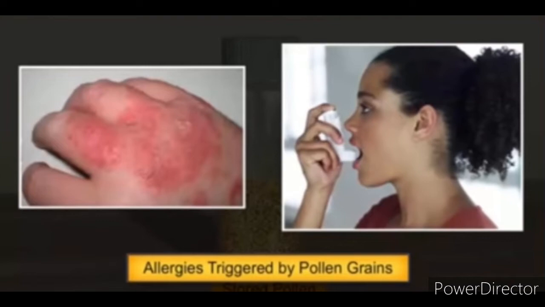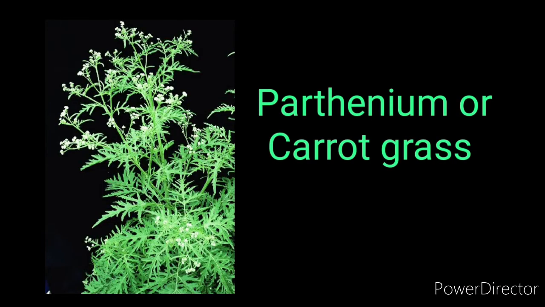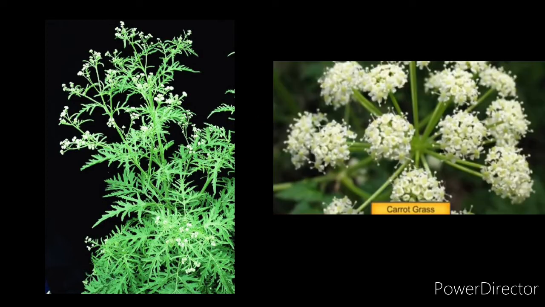Okay, and again, in the picture you can see one plant. That plant is called carrot grass or the Parthenium plant. This is a contaminating weed present in non-cultivated places, and especially in wheat, vegetables, leafy vegetables and paddy fields.